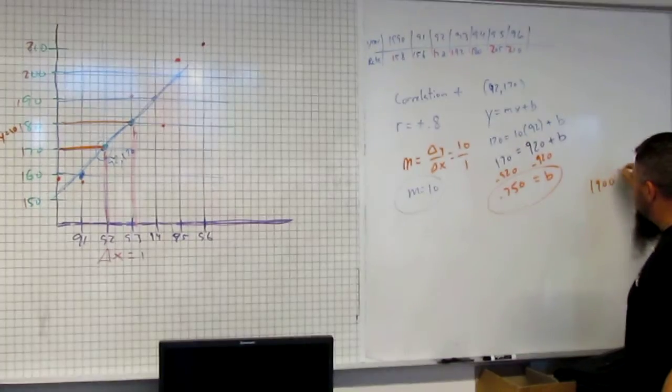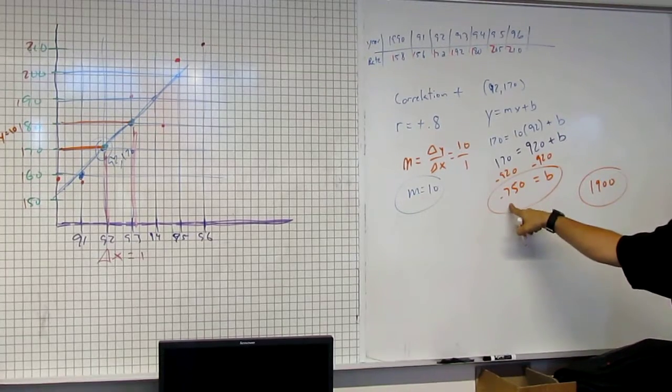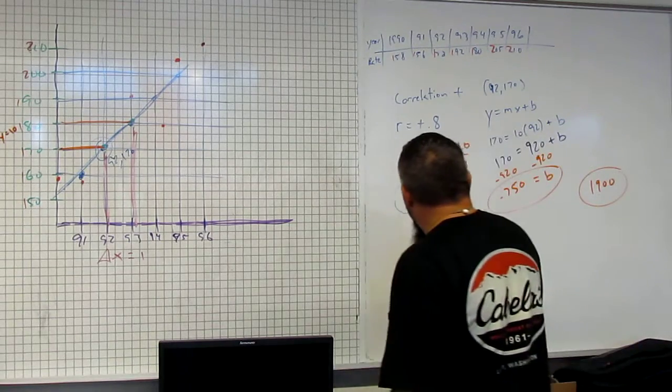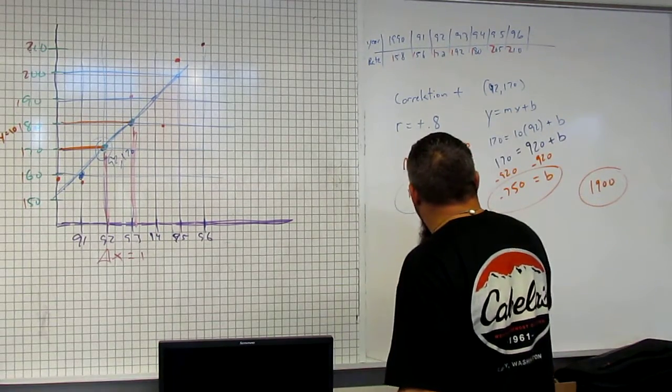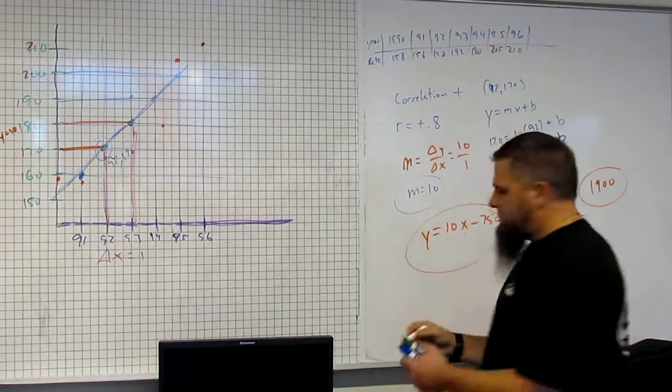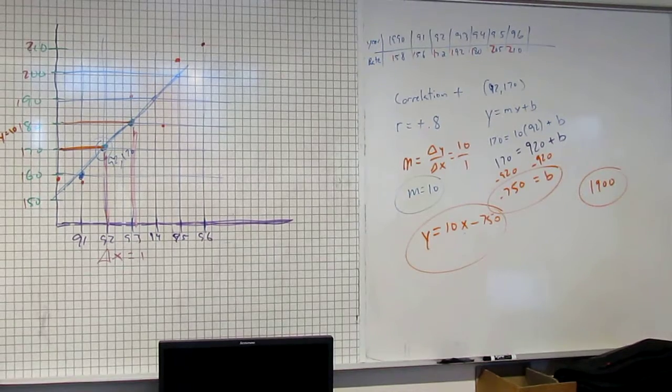So by the time you got to 1900, it would be at negative 750, okay? So y is equal to 10x minus 750. So by the time we got down to the 1900s, it would be at negative 750.